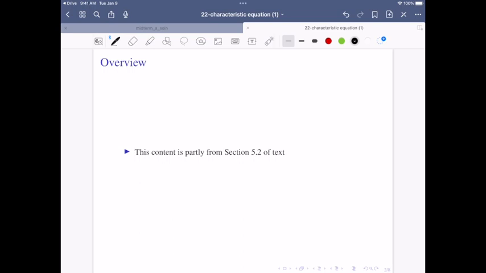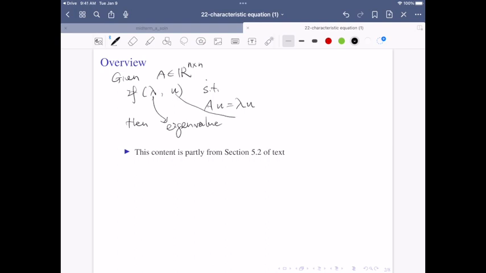So for a given n by n matrix A, if some number lambda and some vector u satisfy A u equals lambda u, then this is called an eigenpair. Lambda is the eigenvalue, and u is called the eigenvector corresponding to eigenvalue lambda.